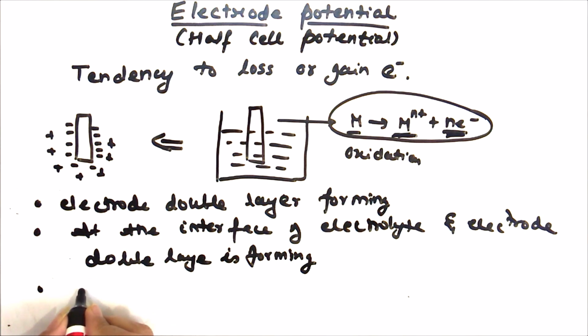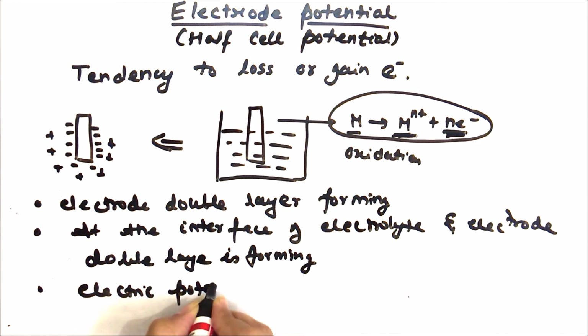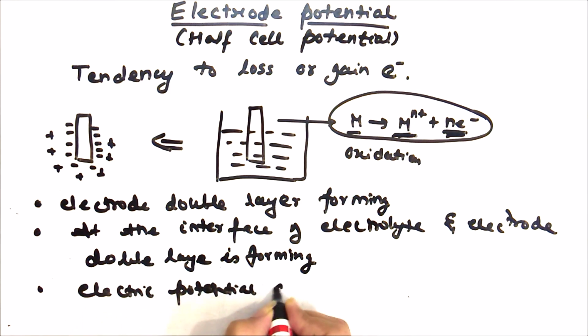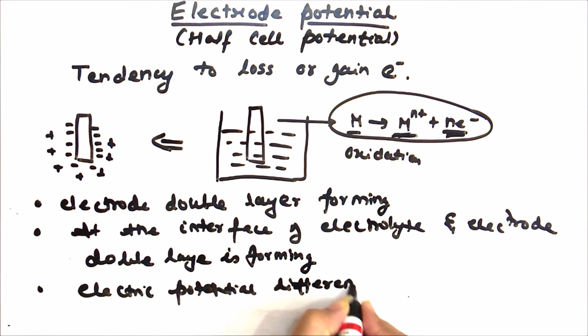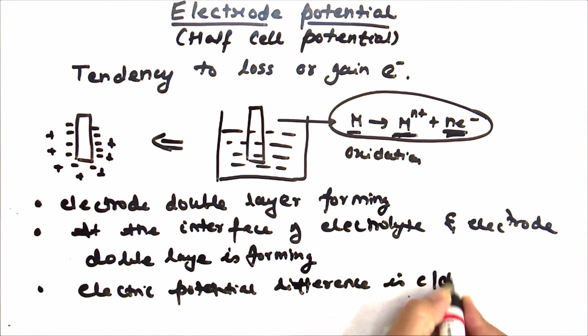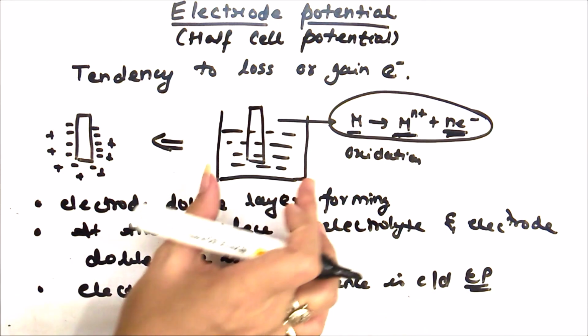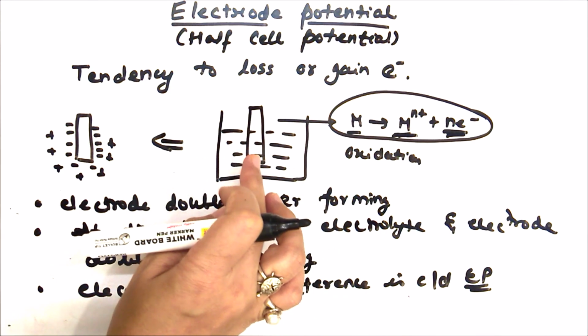This double layer has an electric potential difference, and this electric potential difference is called electrode potential. So students, let me conclude this topic. Suppose this is a beaker which has an electrode in it.